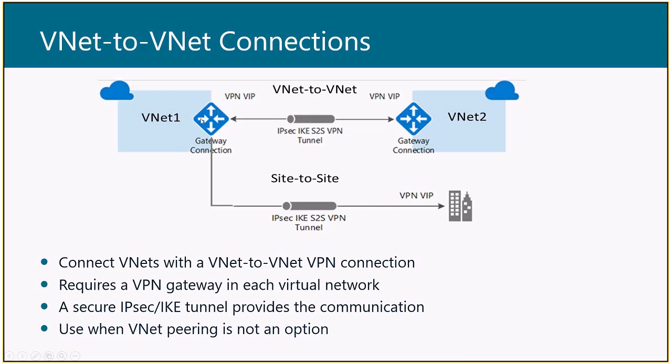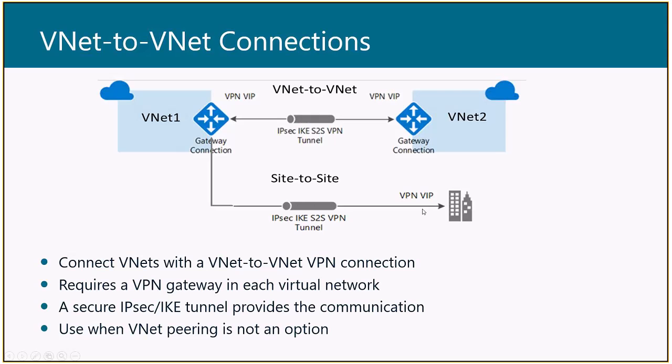For security reasons, they go through a gateway connection, then through IPsec tunneling for encryption, and then through another gateway before going to VNet 2. Normally the gateway is talking to the other gateway, so you have to make sure you have a gateway on both sides. Okay, that's VNet to VNet.